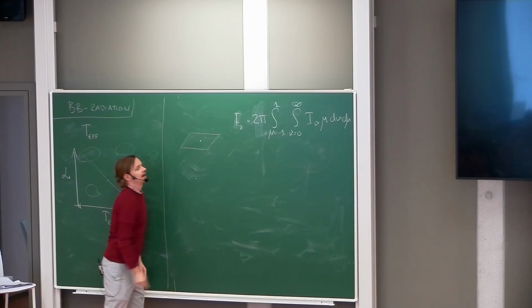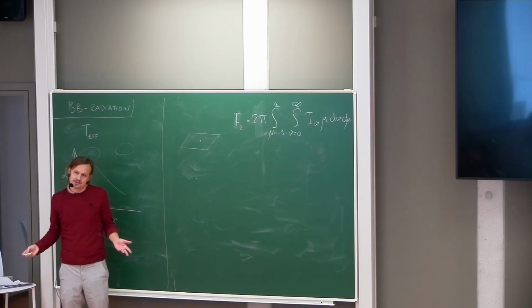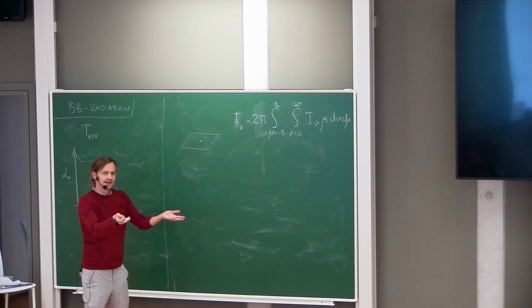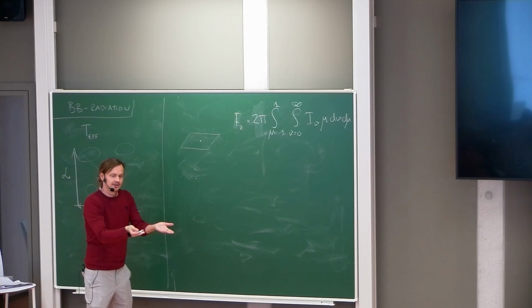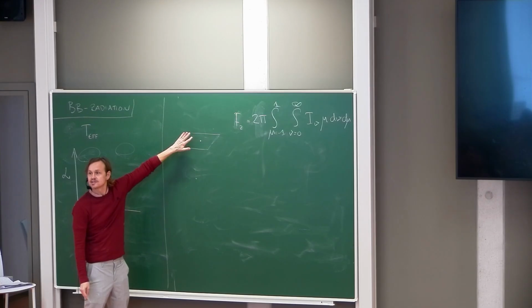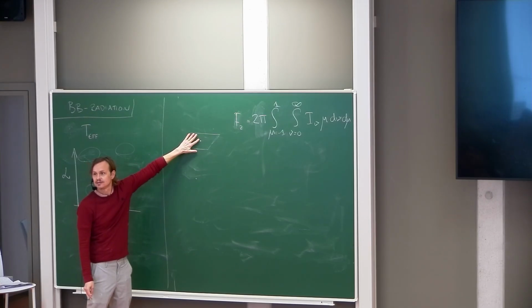So the whole idea here now is that at the surface of the object, as we discussed last week, you actually don't have any incoming radiation. Imagine the plane here, and stuff is only radiating in the outward direction. There is no incoming radiation here because it's the surface of the object.